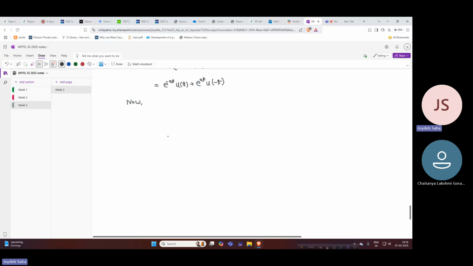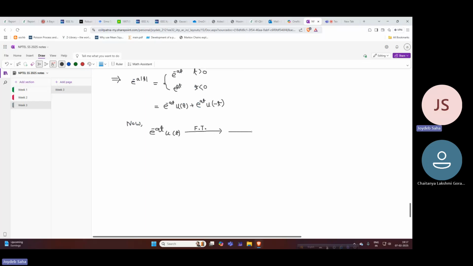So let us write e to the power minus at ut, its Fourier transform will be 1 upon a plus j omega.